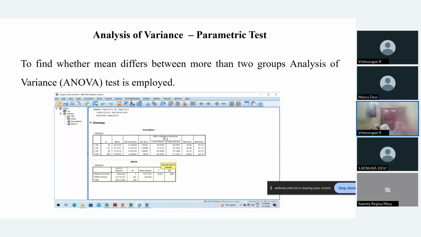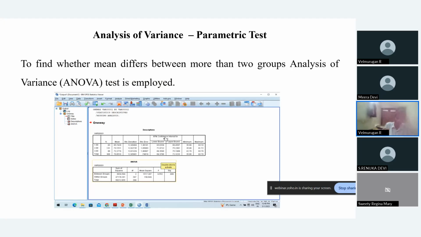The next test is ANOVA, to measure whether the mean differs across more than two groups. If we want to measure whether the mean differs between two groups, you should employ the independent t-test or Mann-Whitney U test.